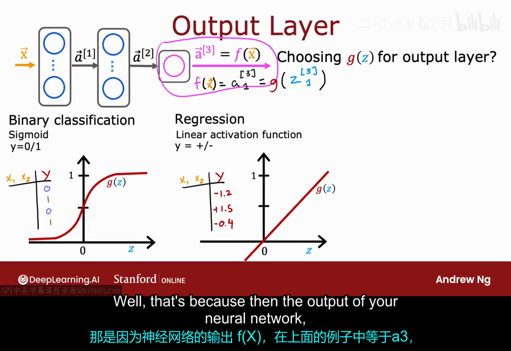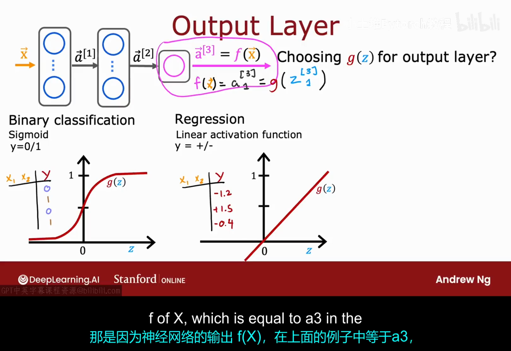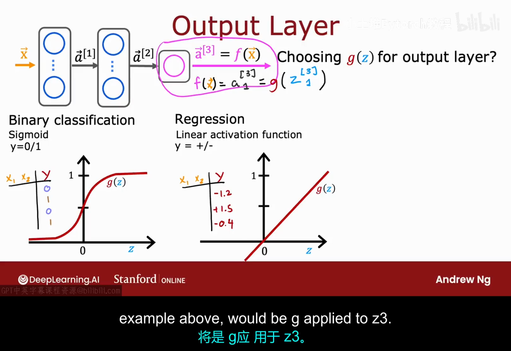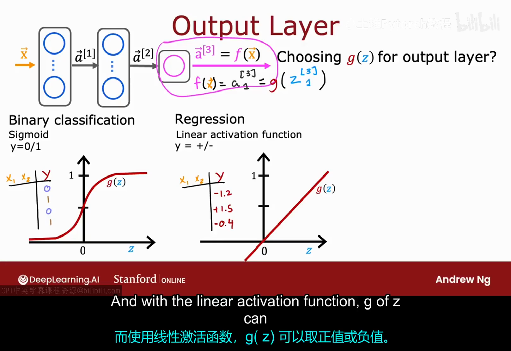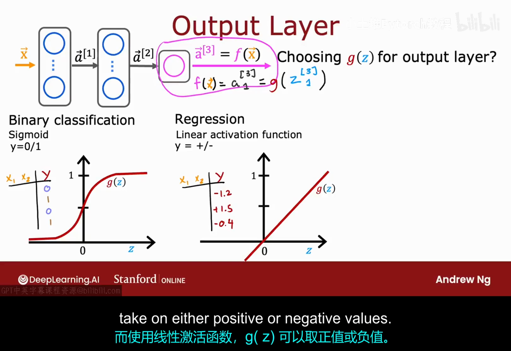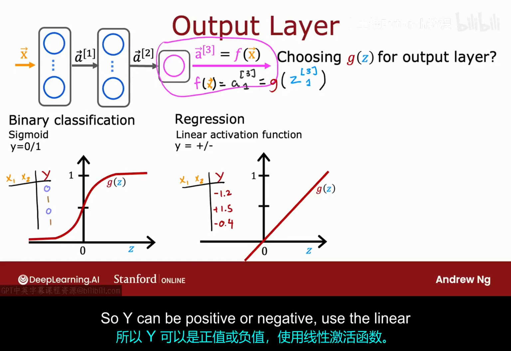Why is that? Well, that's because then the output of your neural network, f of x, which is equal to A3 in the example above, would be G applied to Z3, and with the linear activation function, G of Z can take on either positive or negative values. So if Y can be positive or negative, use the linear activation function.